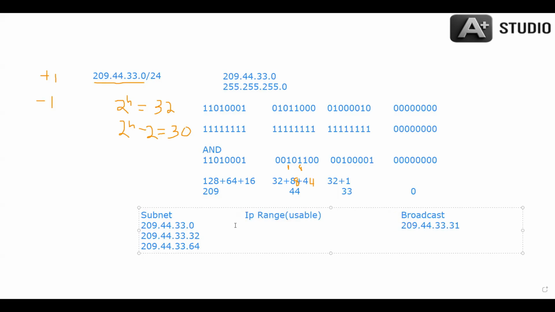For our IP range, we add 1 to the subnet, or the network, and then we subtract 1 from the broadcast, making our usable host correct. So here becomes exactly 1 to 30. So it becomes this.